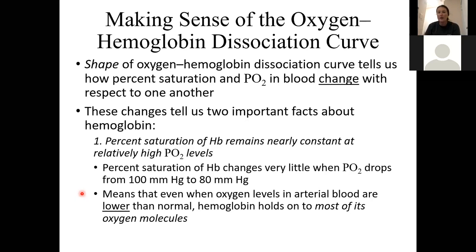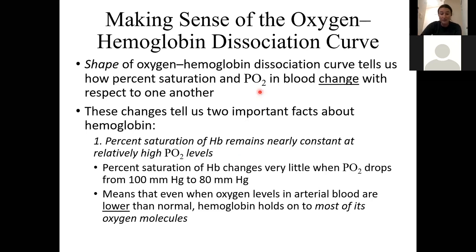Okay. Again, the shape itself is going to tell us two important factors about hemoglobin. First of all, that the percent saturation of hemoglobin stays pretty constant up at the top there, right? So we have nearly 100% saturation of hemoglobin as long as the oxygen levels in our blood are pretty high.